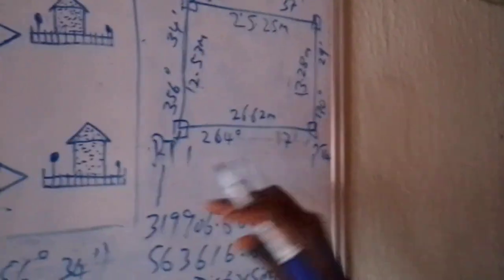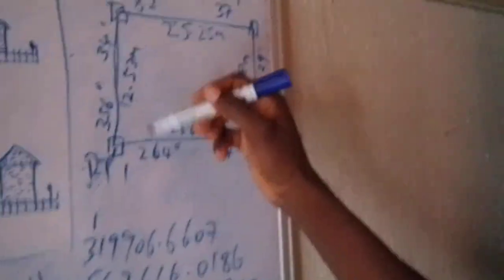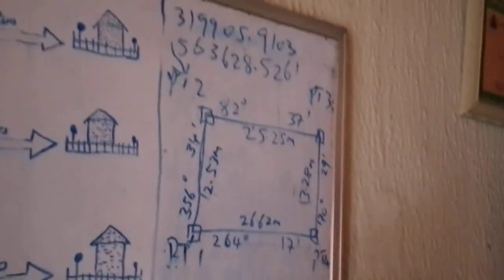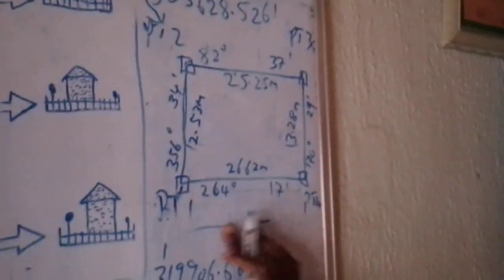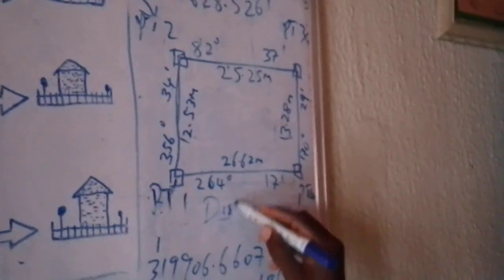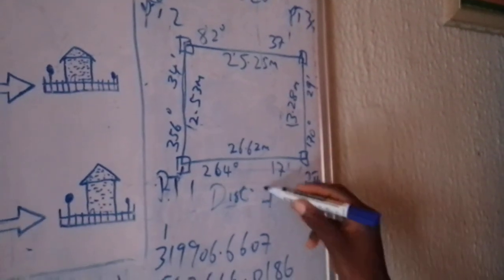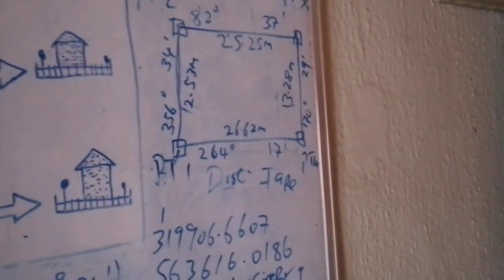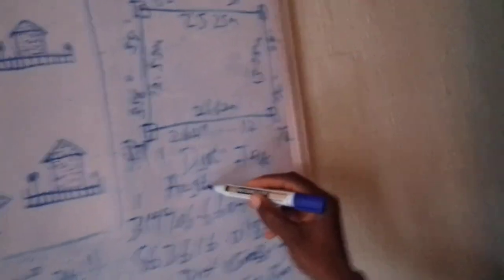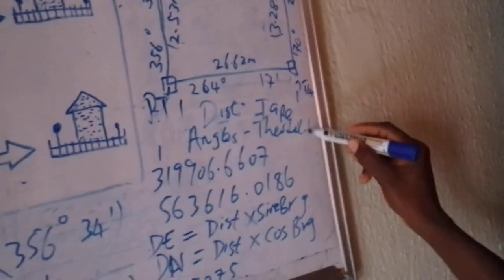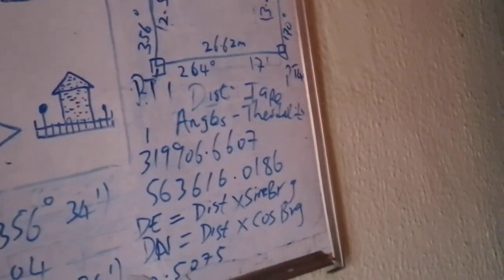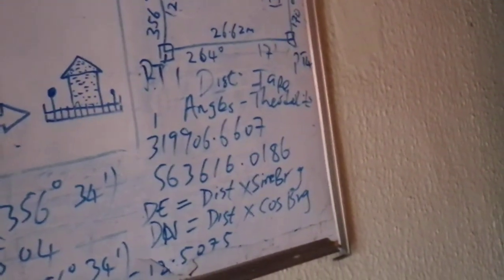In a theodolite traverse, you will not have these bearings, but you can measure the distances with what? Tape, right? And you measure angles with the theodolite. But note that there is a difference between angles and bearing.